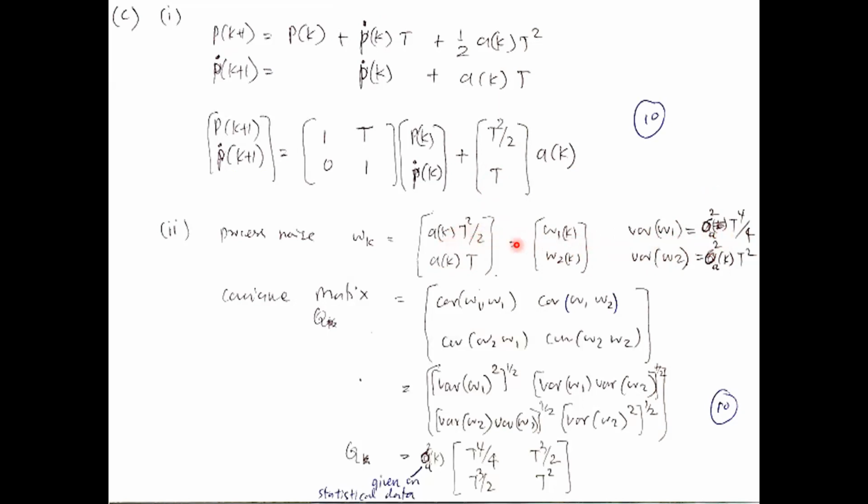So it eventually becomes sigma A square T to the 4 over 4 for the first row, and for the second row, it is sigma A square T square. So this is for the two signals separately, the position and the velocity.